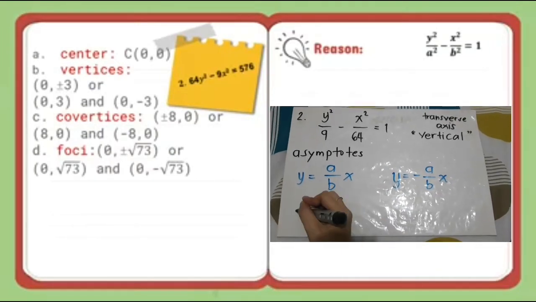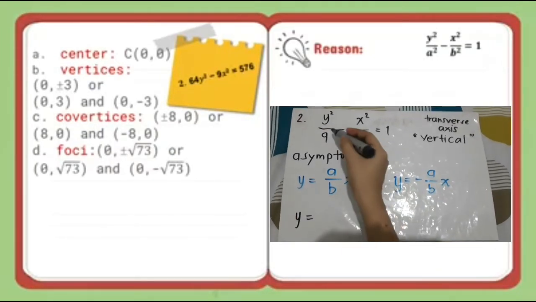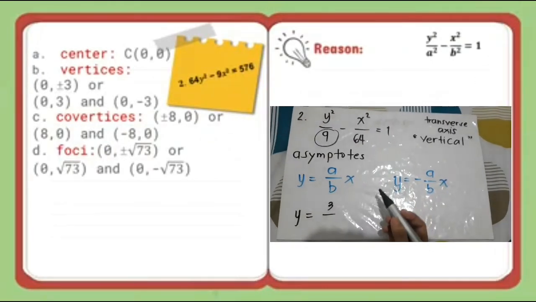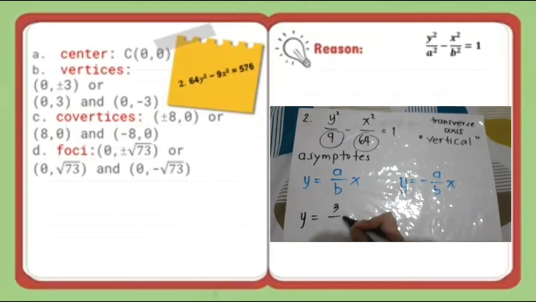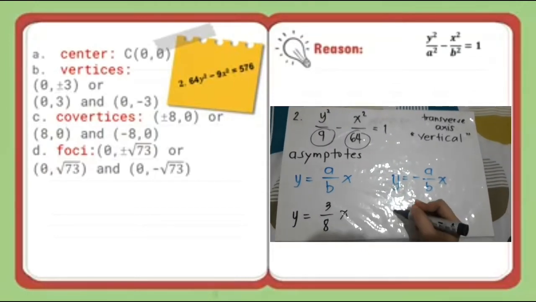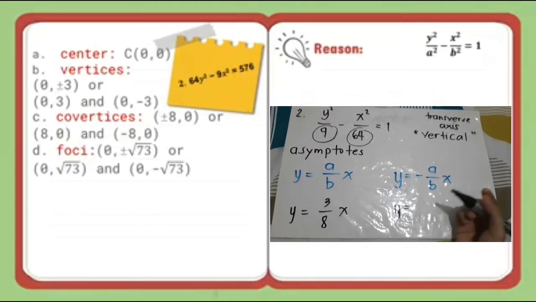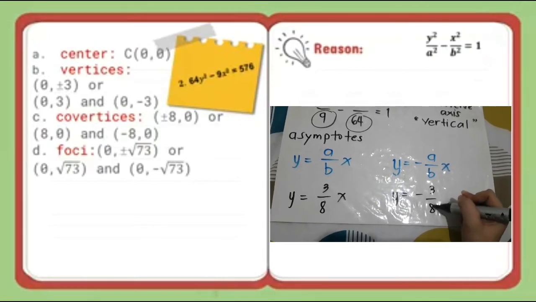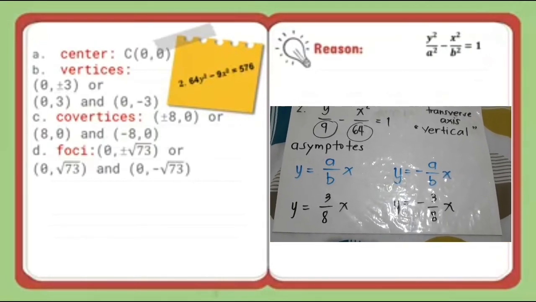So let's substitute. The value of a is the square root of 9, that is 3, over the value of b, the square root of 64, that is 8. So we have y equals 3 over 8 x, and the other one is y equals negative 3 over 8 x.